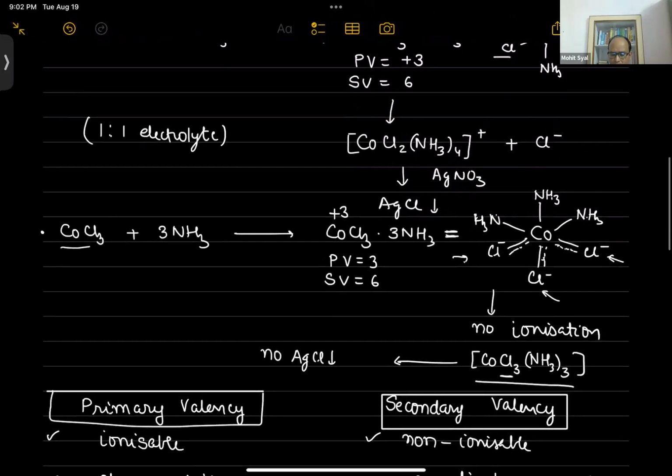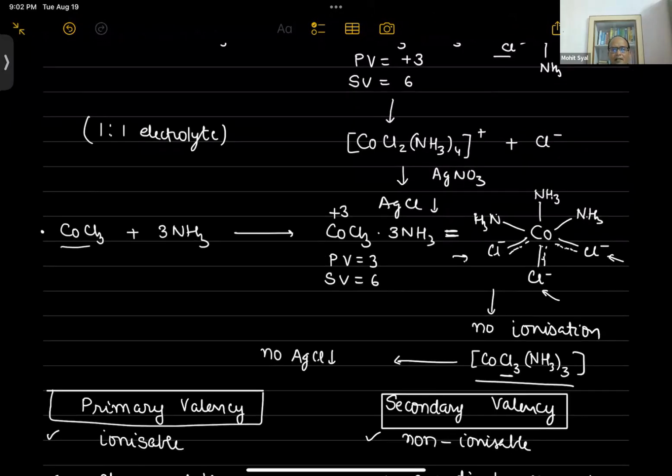And this is not an electrolyte at all, the last option, because it is not getting ionized at all. I hope this is clear to you.